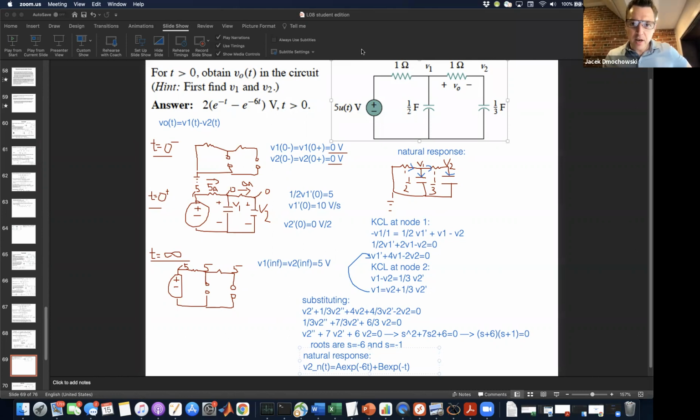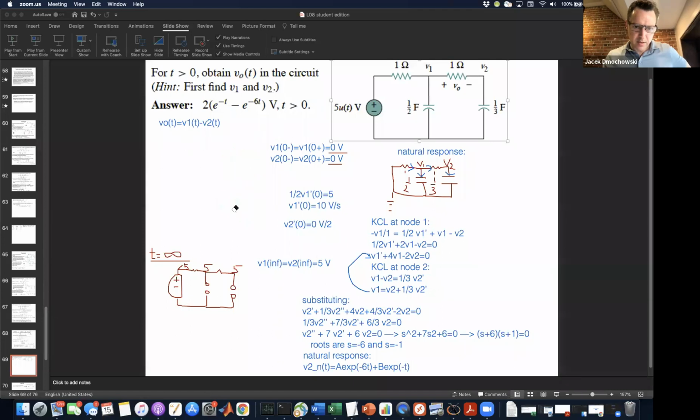Because I need space, I'm going to need to erase up here. Keep this. Okay, so now I am going to write the full response for V2(t). So this is the natural response, and my steady state response for V2 is here, 5 volts.